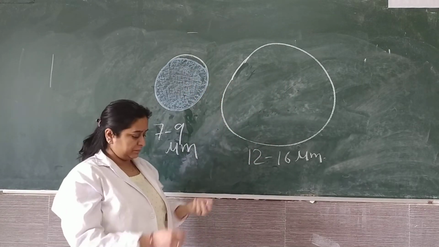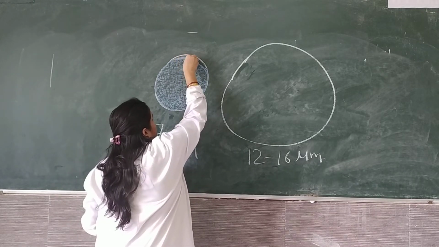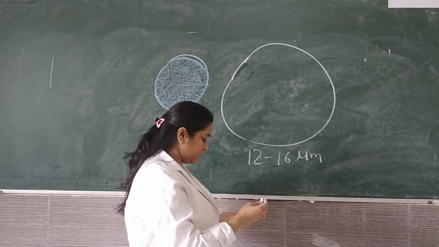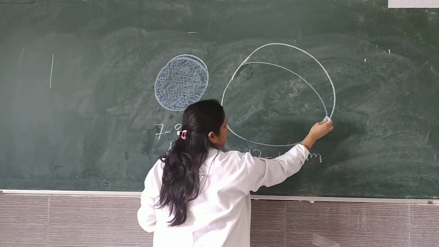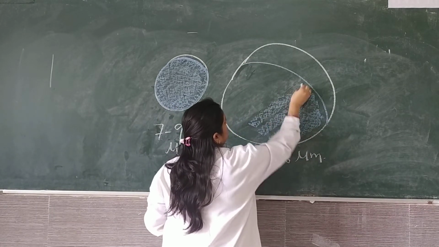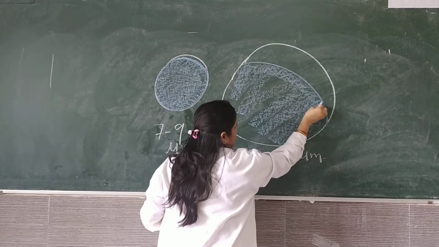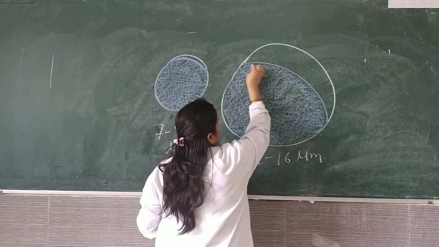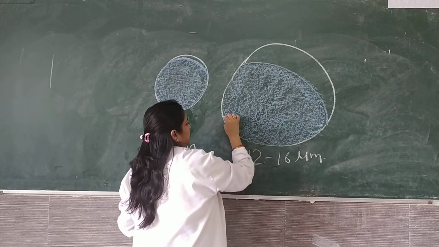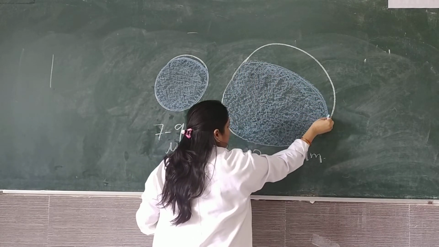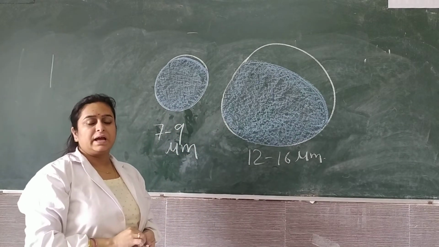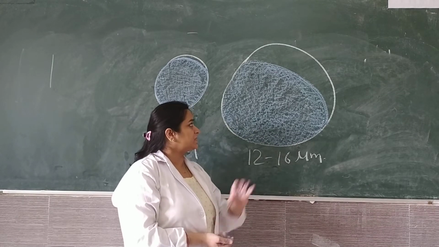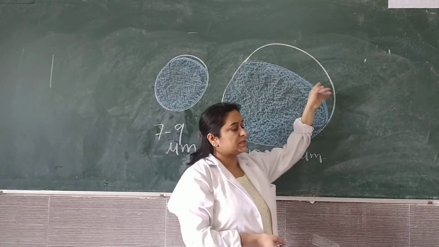Here almost fully covered, only a rim we can see, and here at least we can see 80 to 20% ratio between the nucleus and the cytoplasm, means 80% of the nucleus and 20% of the cytoplasm.